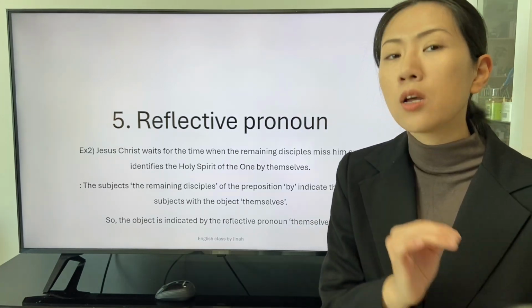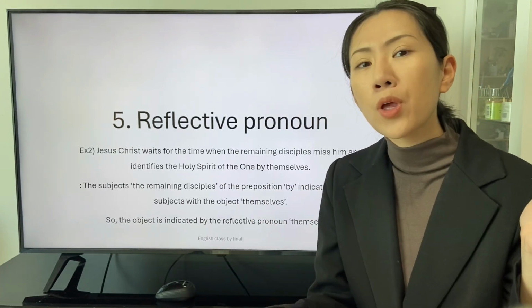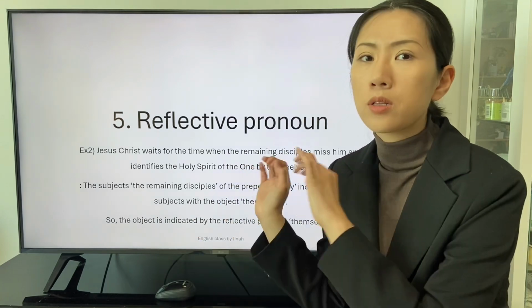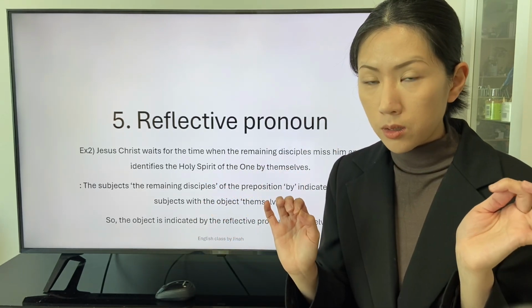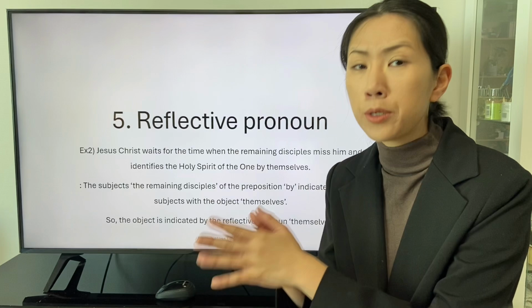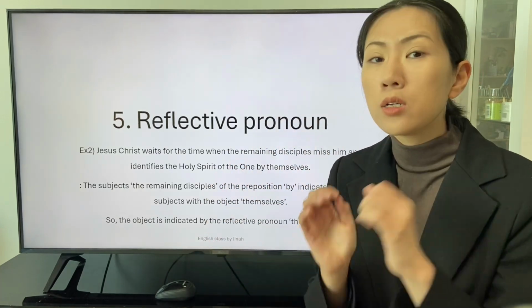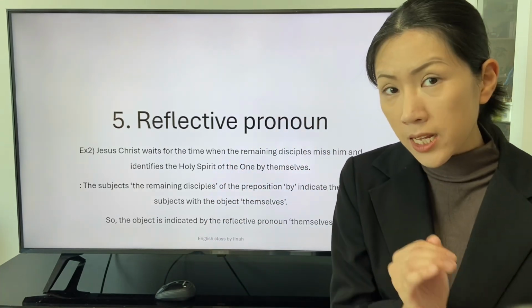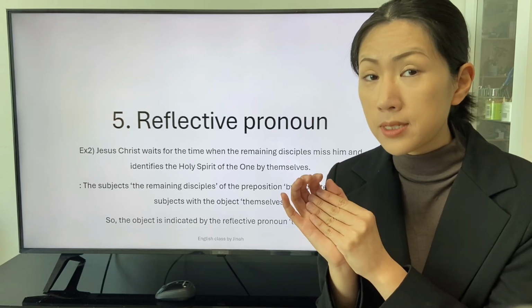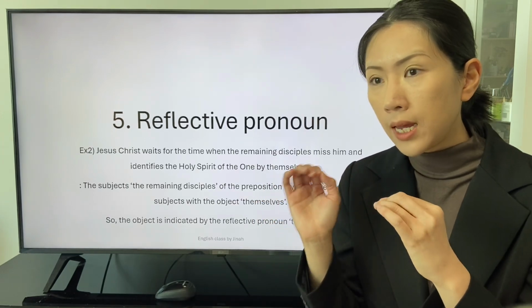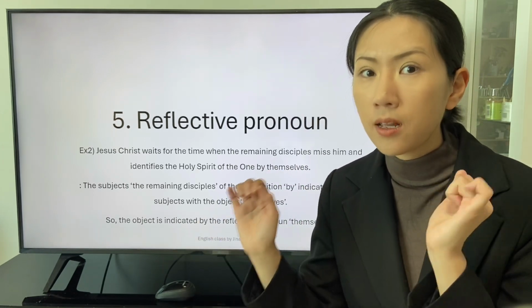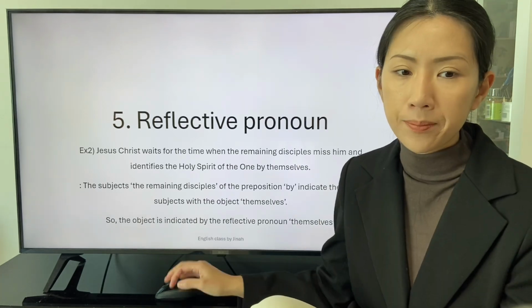The object of the preposition by is the same as the subject, indicated by the noun phrase, the remaining disciples. So the reflective pronoun themselves indicates the object of the preposition by.